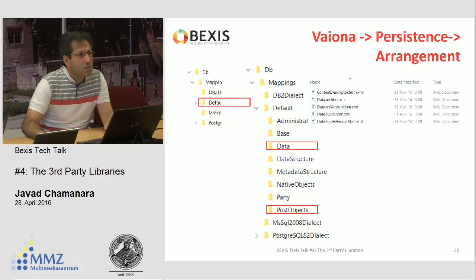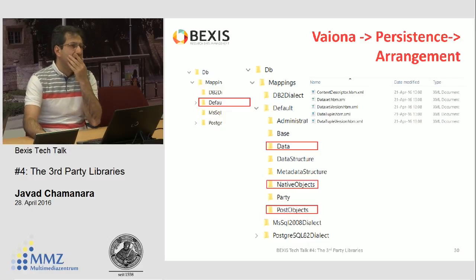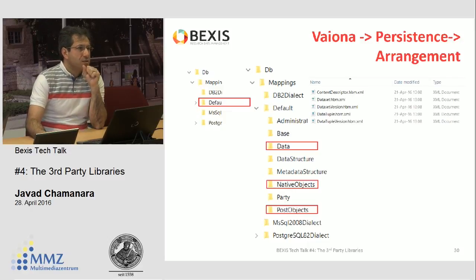And then there is another one here, the native objects. This is also used for cases where you would like to export something native to that database, maybe again a stored procedure.